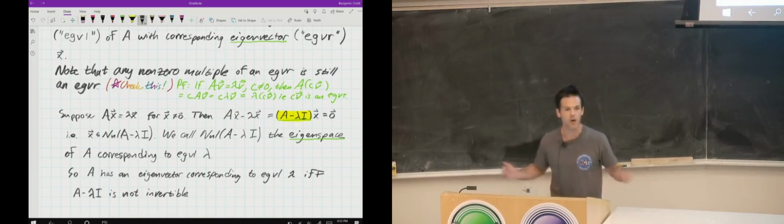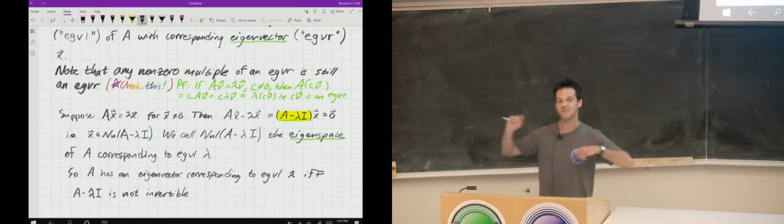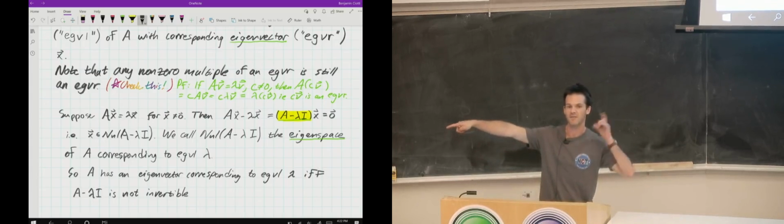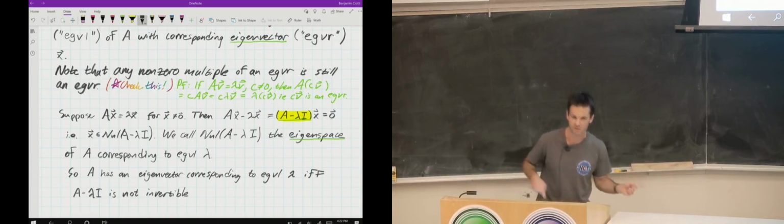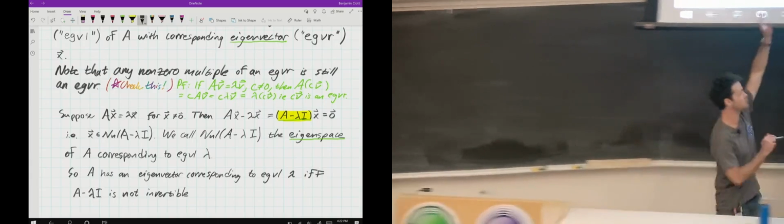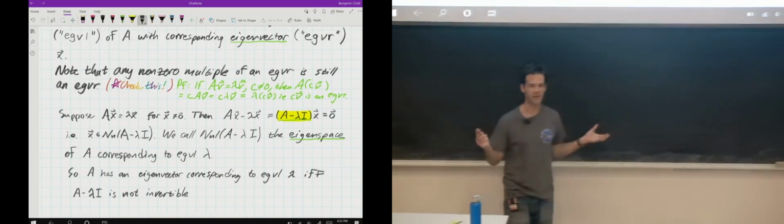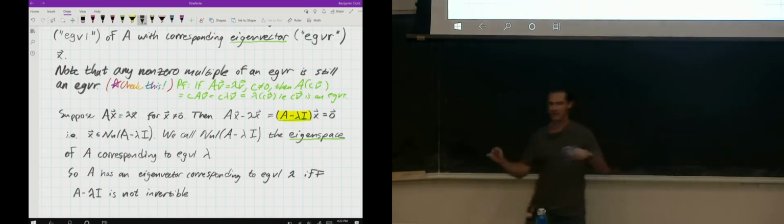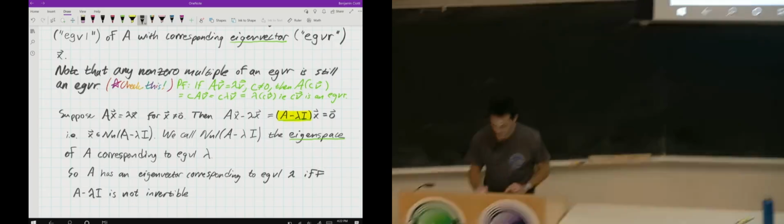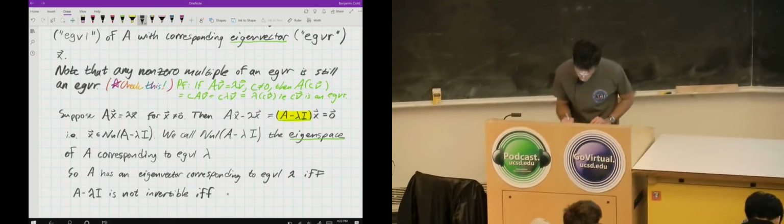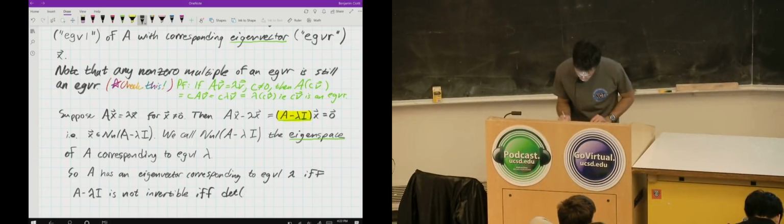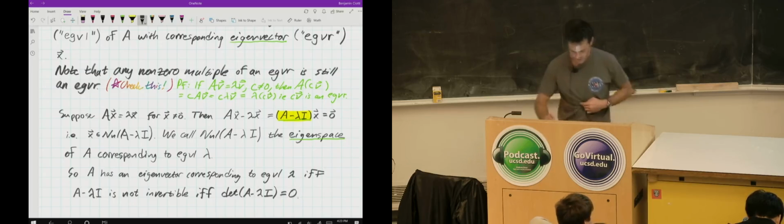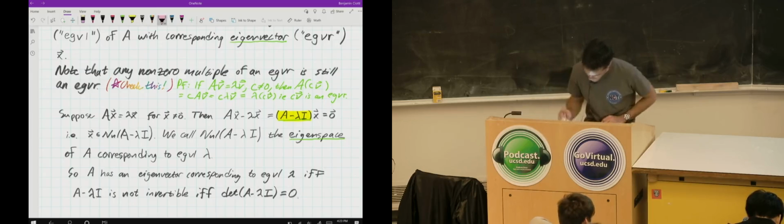Remember, a matrix is invertible if and only if its determinant is non-zero. I'm saying it's not invertible if and only if the determinant is 0. So that's the important condition I need: if and only if the determinant of A minus lambda I is 0. Okay, good. So that's an important equation.